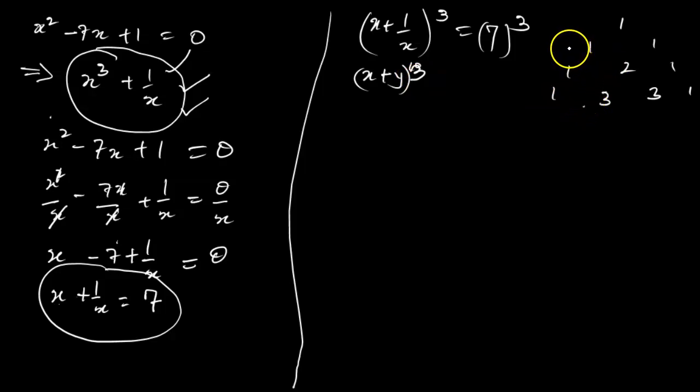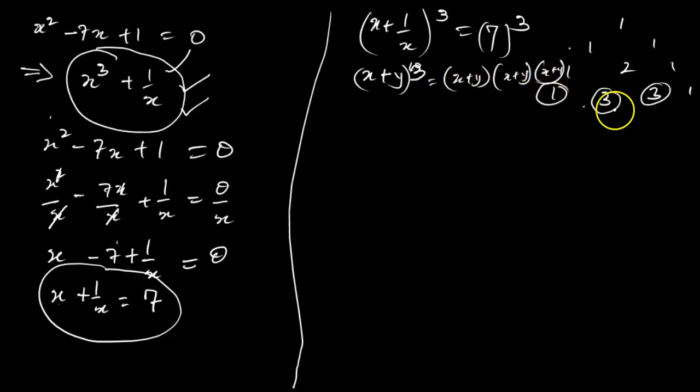This is the first line of 1. Now, to expand x plus y raised to power 3 using this triangle, each of these figures becomes a coefficient of my expansion. Instead of multiplying x plus y three times, Pascal's triangle makes it easier.